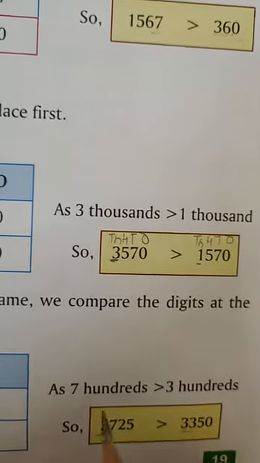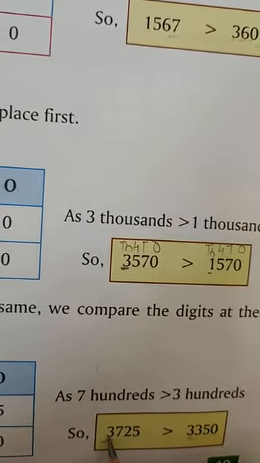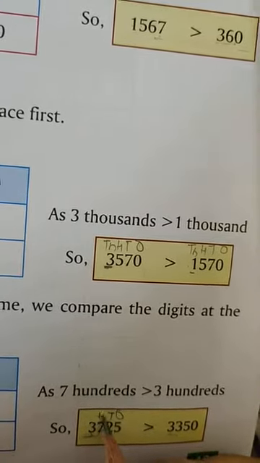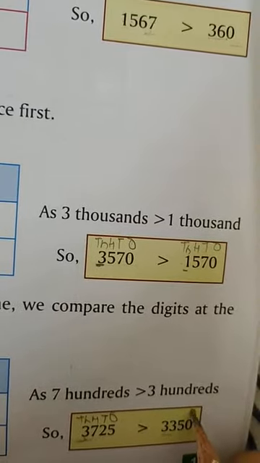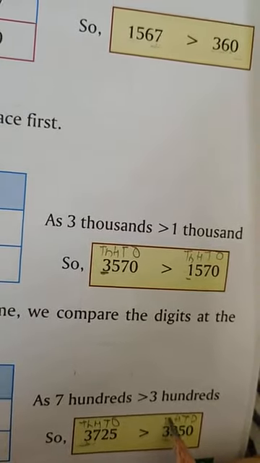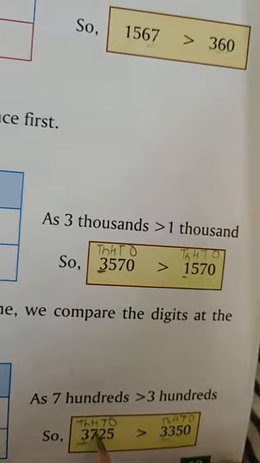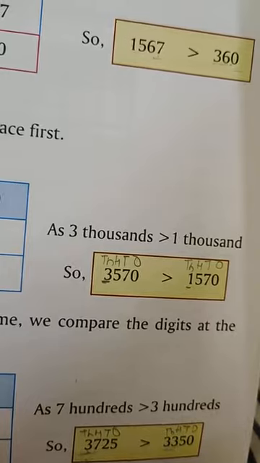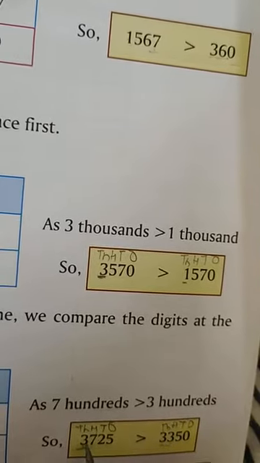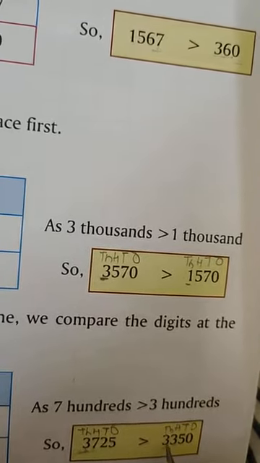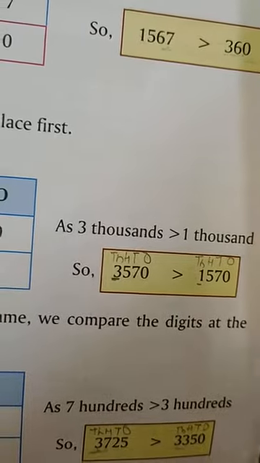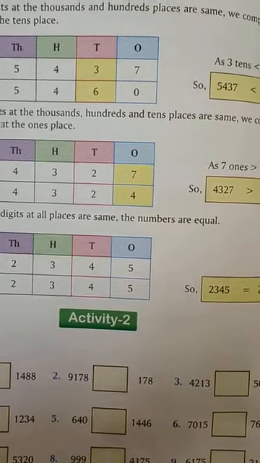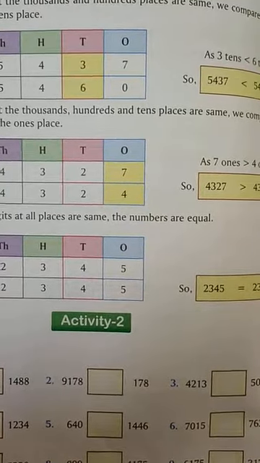For comparing this we move to the next place, that is the hundred place. Here 7 is present and here 3 is present. We know 7 is greater than 3, so 3725 is greater than 3350.